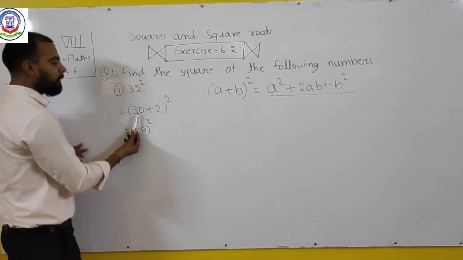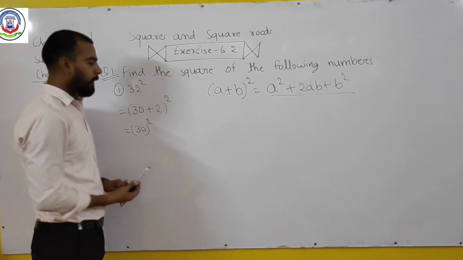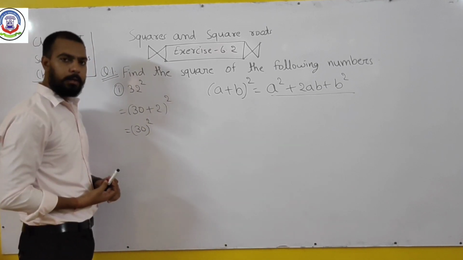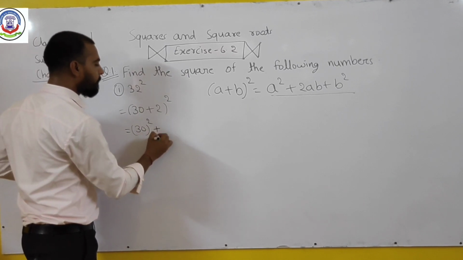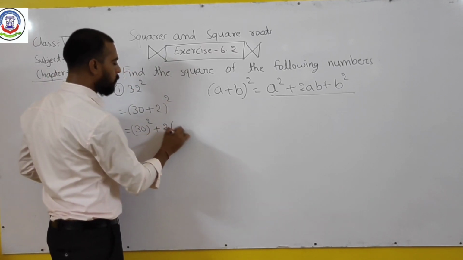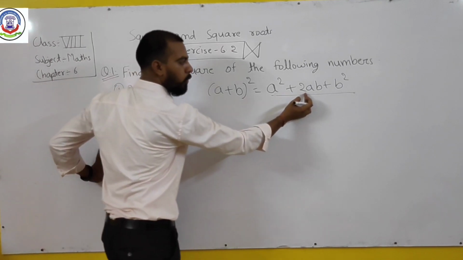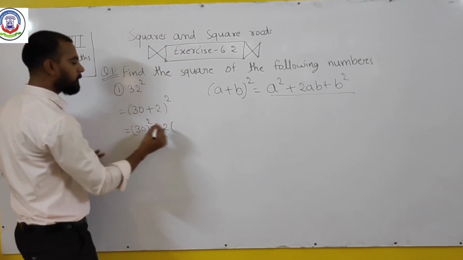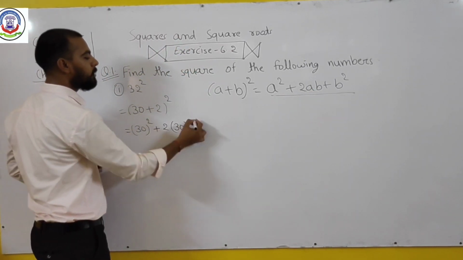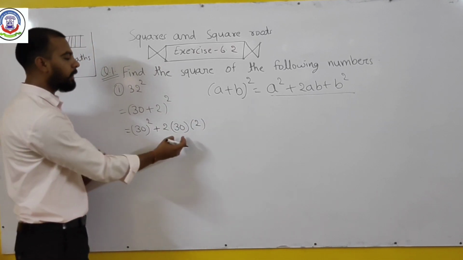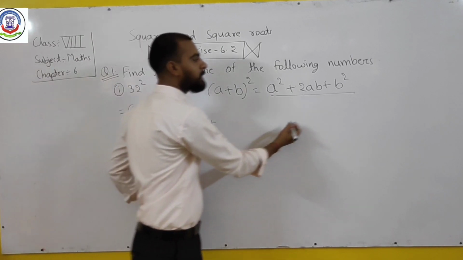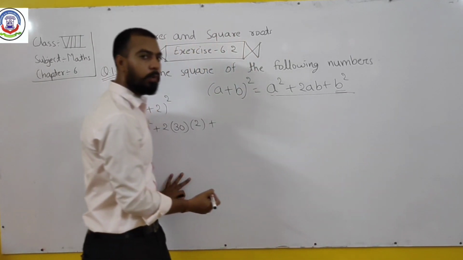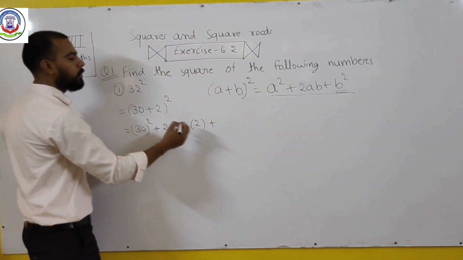We assume 30 as A and 2 as B, and now apply the formula: 30 square plus 2AB, where A is 30 and B is 2, and in the last we have B square, and B square means 2 square.